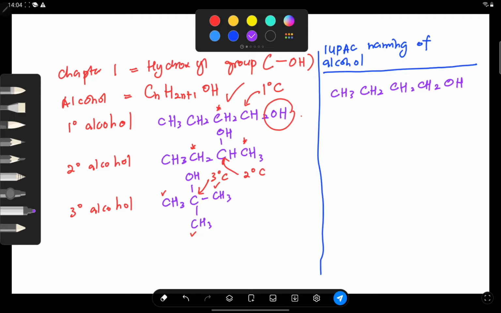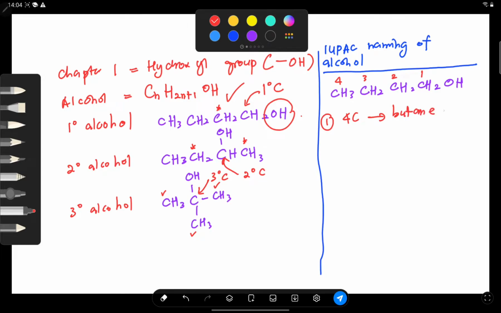First step, you need to find the longest parent chain that contains the hydroxyl group. So, how many carbons are in the longest parent chain? 1, 2, 3, 4. So, 4 carbons. 4 carbons stand for butane.